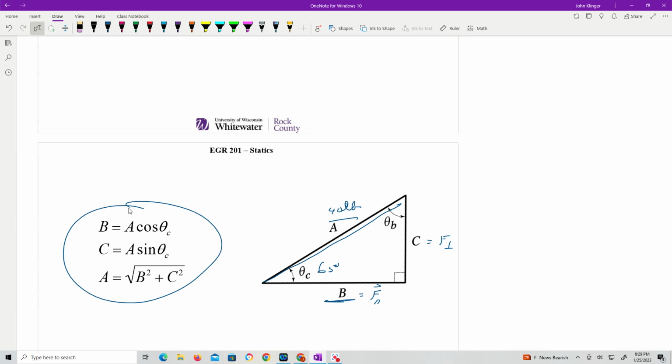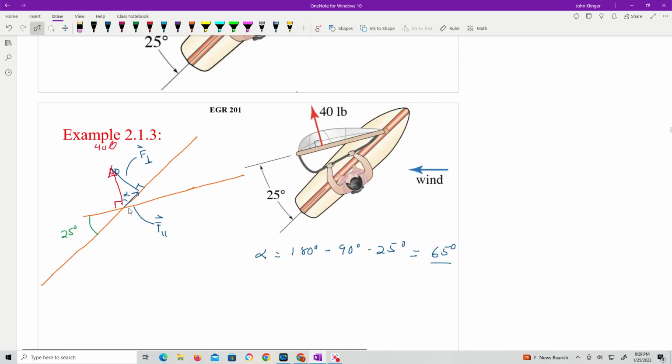Know those like the back of your hand, right? So if I look at this, I can write F parallel is the 40 pounds times the adjacent side, which is the cosine of 65 degrees.